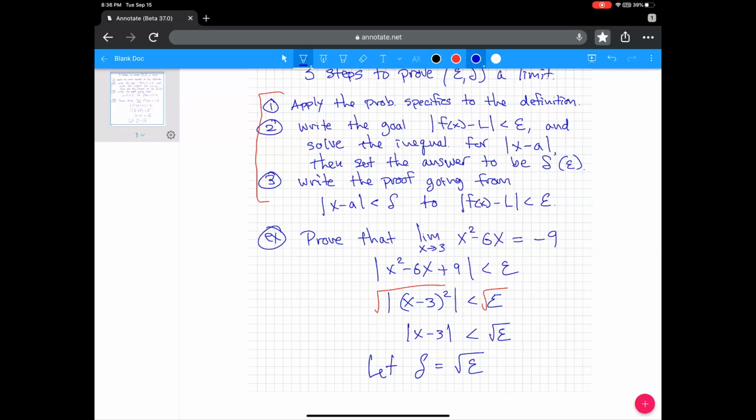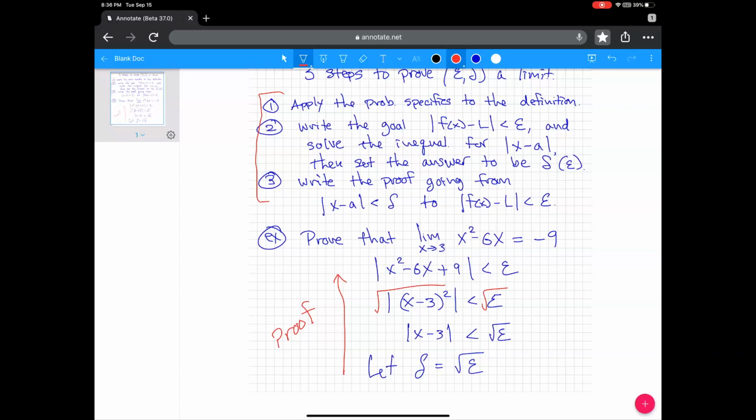But then part 3, which comes next, is basically what we just did in part 2, written backwards. So in part 2, we figured out what delta was, but then to write the proof, you're just basically going to take this and go backwards. You already have the steps written out for you.